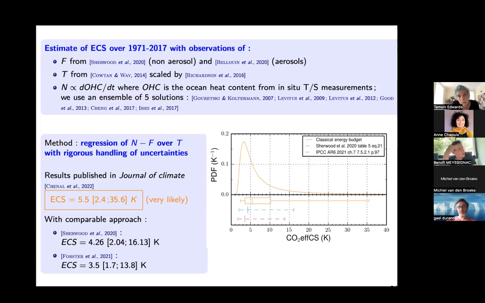There is a reason why in the IPCC report they explain why they are more conservative than Benoît. I think it's a question of consistency with something else somewhere in the IPCC report. But if you want to have the whole uncertainty, we found out that Benoît was more secure in terms of the size of uncertainties.